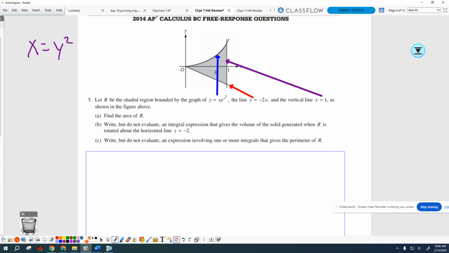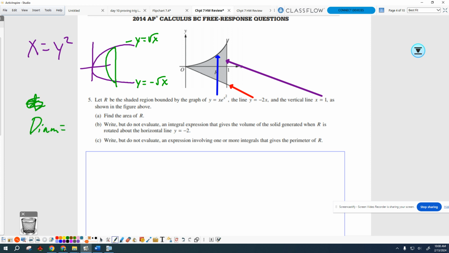So if it's x equals y squared and I said semicircles are coming up out of this, perpendicular to this way, it's still the top minus the bottom.